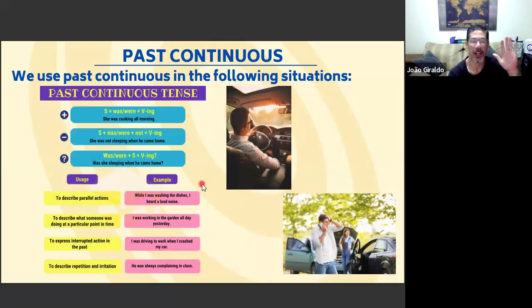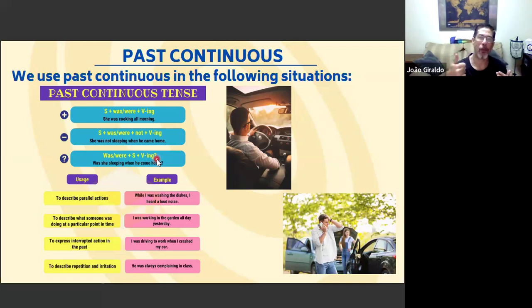So, here, first, the structure of your sentence. It's very important to understand. In past continuous, we always have two verbs in the sentence. One, obligatory, the verb to be in the past, was or were.